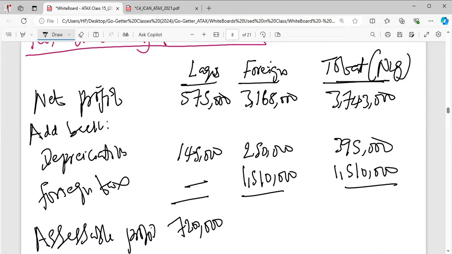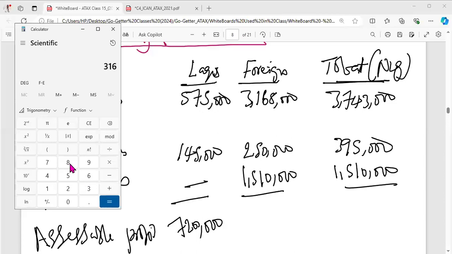Now we look for the second one, 3,168. Of course, I know it's 1,000 plus 250, I know it's 1,000 plus 1,510. That should give me 4,928.